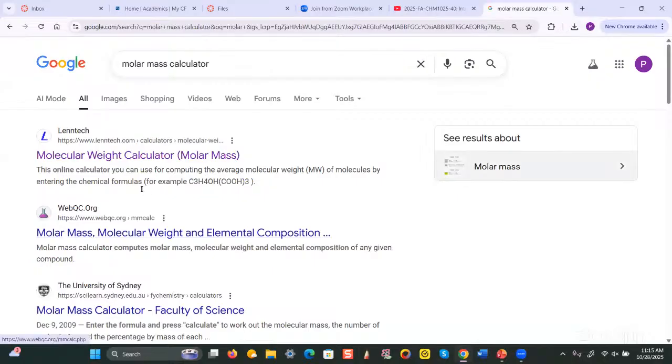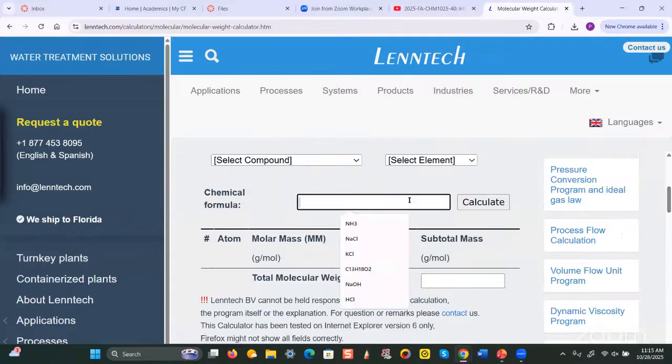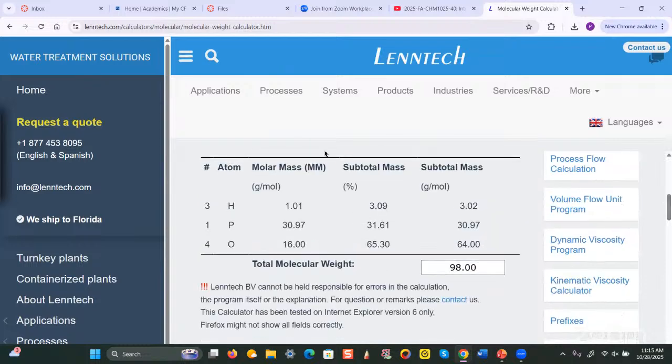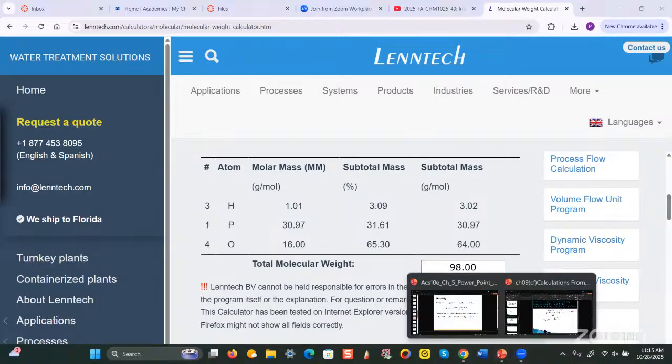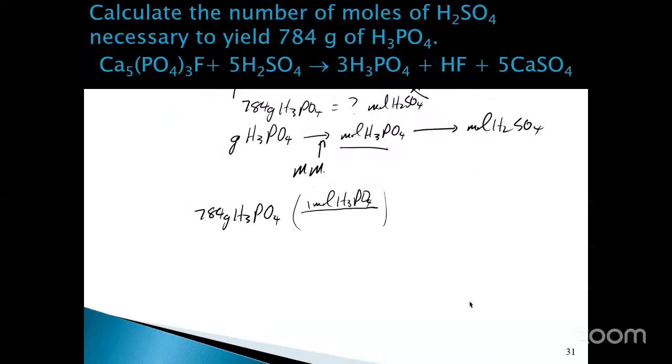Now what I'm going to do is enter the formula for phosphoric acid, which is H3PO4, and calculate, and according to this here, it's 98.00 grams. So I'm going to put down here 98.00 grams.